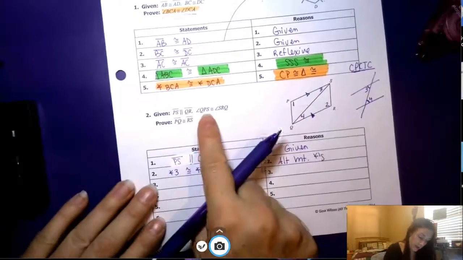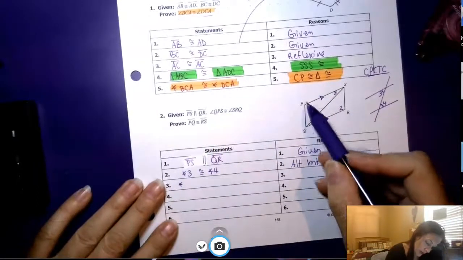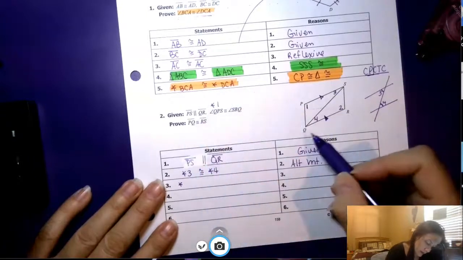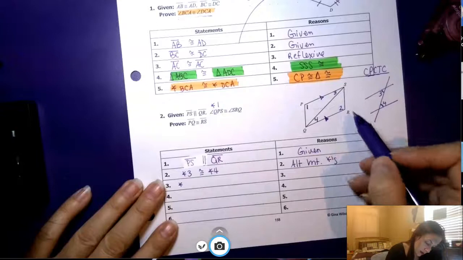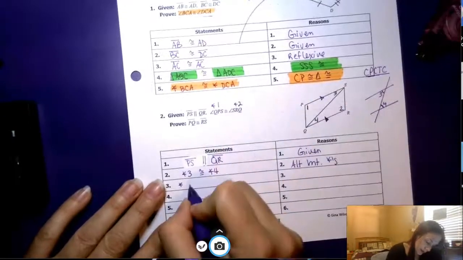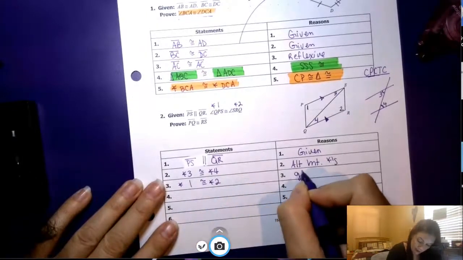Now the next thing it gave me was this one here. It told me that angle QPS, that's angle 1, was congruent to angle SRQ, this is angle 2. So I'm going to say angle 1 is congruent to angle 2 is also given.